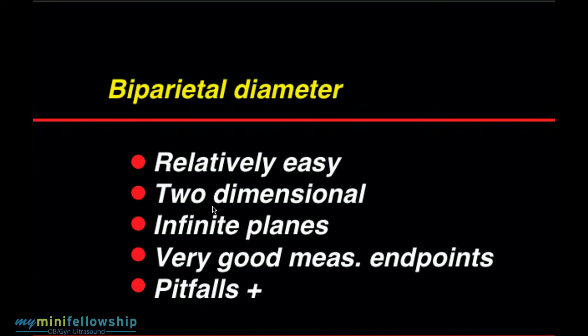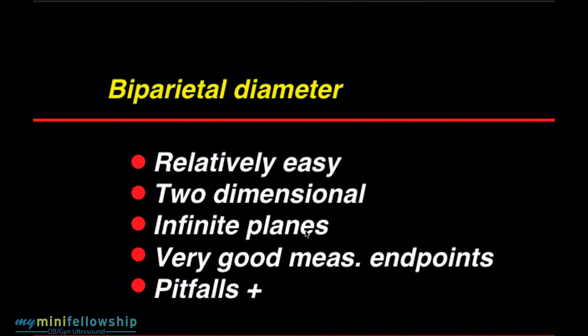However, once the beam intersects those 2 points on the fetal calvaria, then you could rotate the transducer through a 360-degree arc that intersects those 2 points, and you would get exactly the same measurement as you did in any of the other planes through that 360-degree arc.